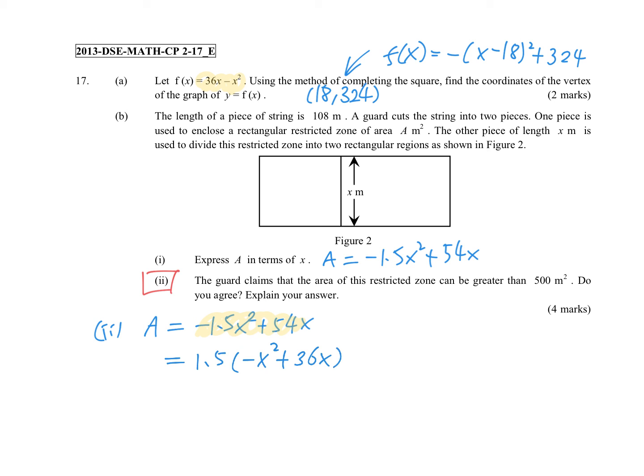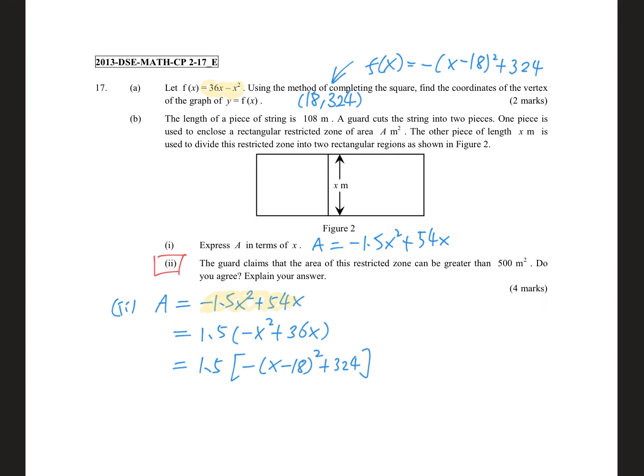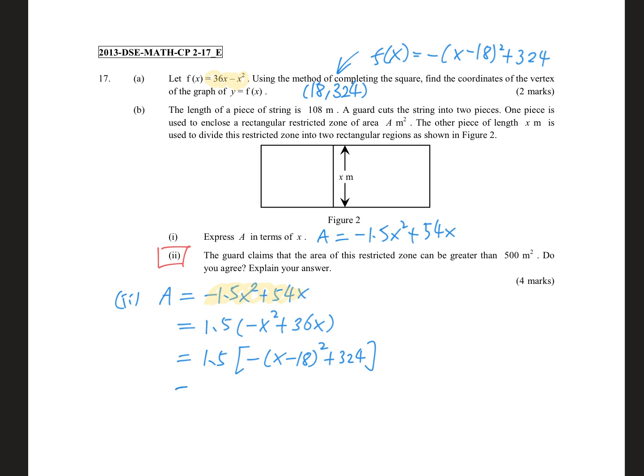You can see that it is exactly the same as part A. And then you can use the vertex form from part A also. No need to do the completing the square again, because it is quite tedious. So you can see the final form: negative 1.5 times (x minus 18) all squared, plus 486.